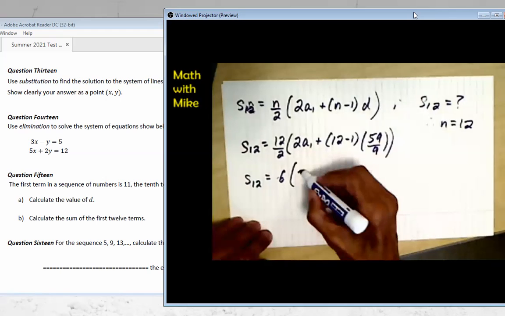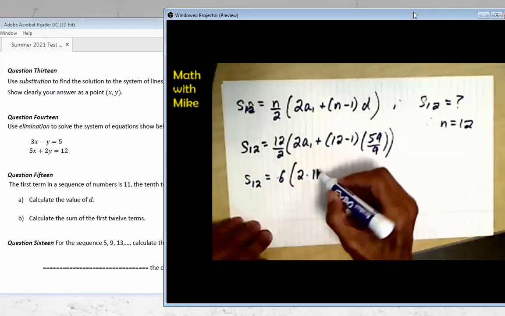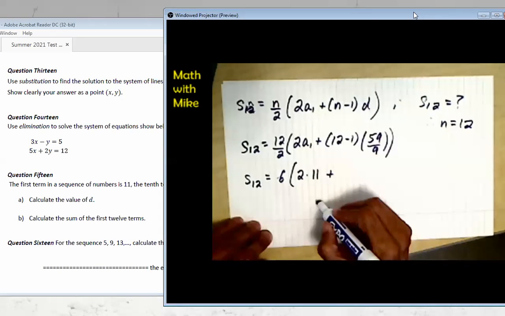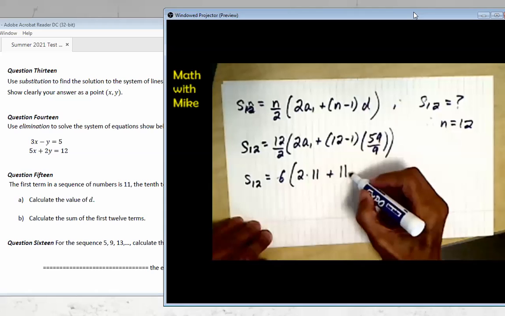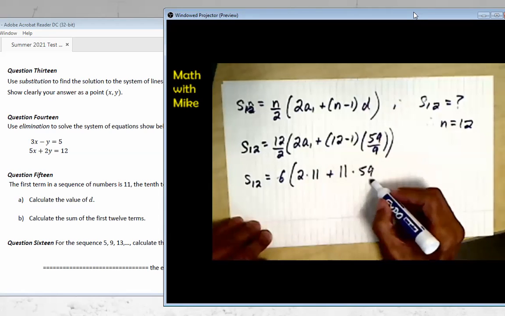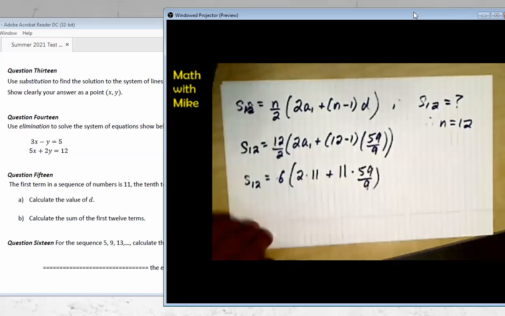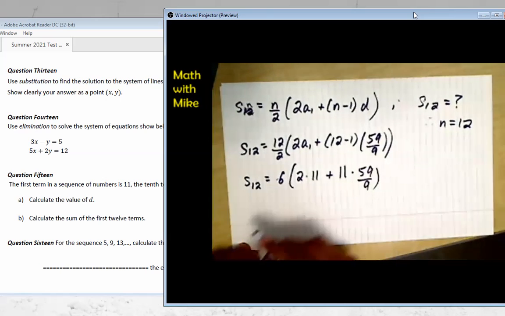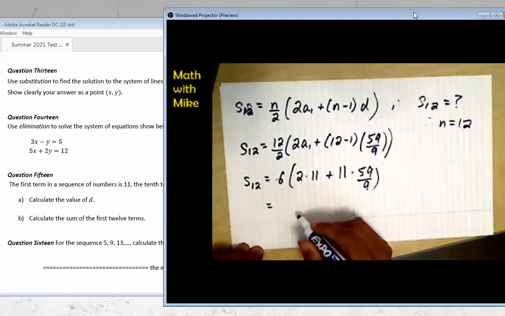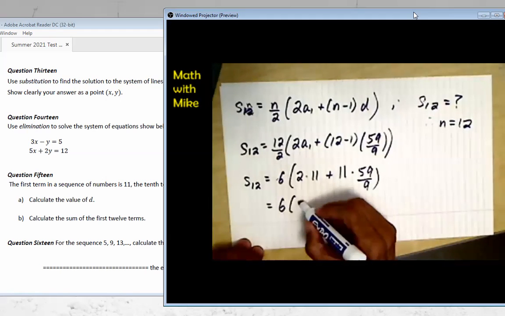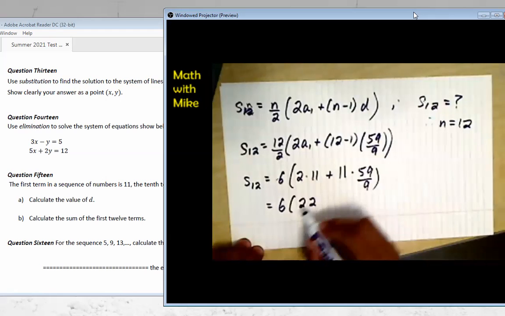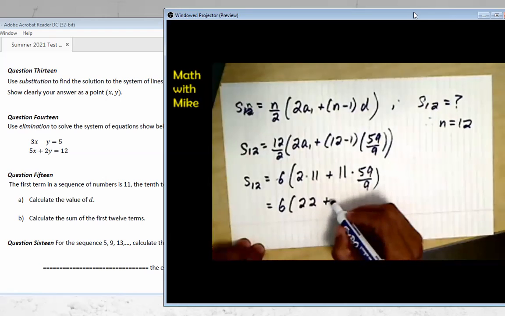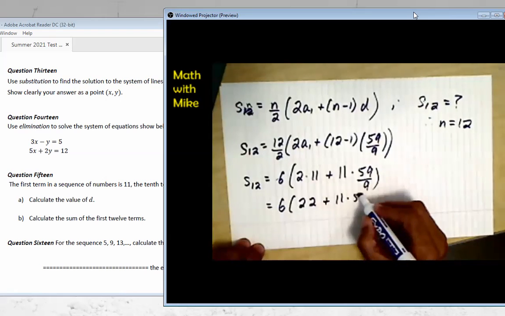So 2 times the first term, which is 11, plus, simplifying this, 11 times 59 over 9. So 6 now, this will be 22 plus 11 times 59 all over 9.